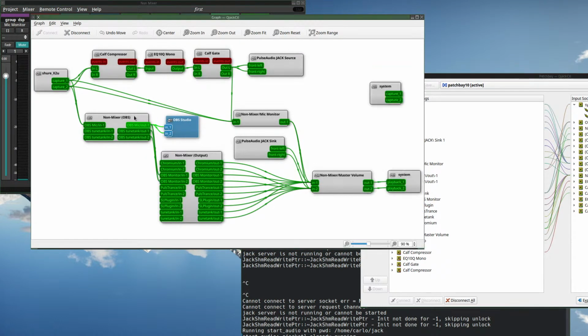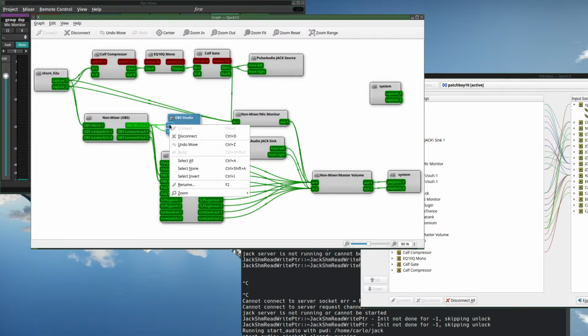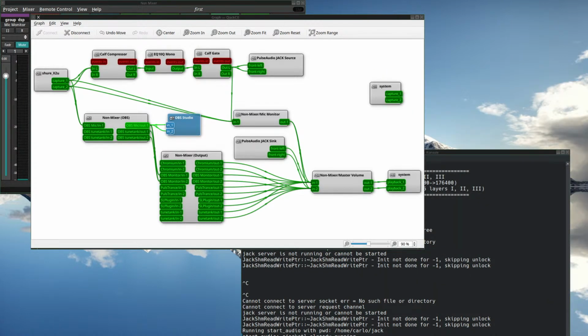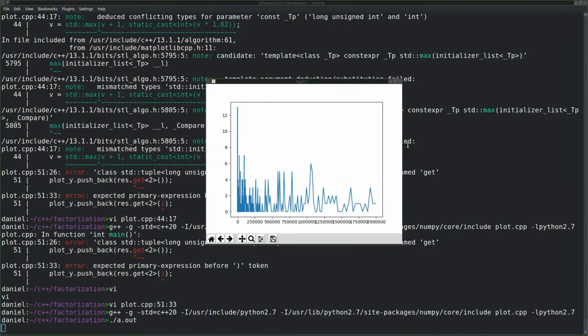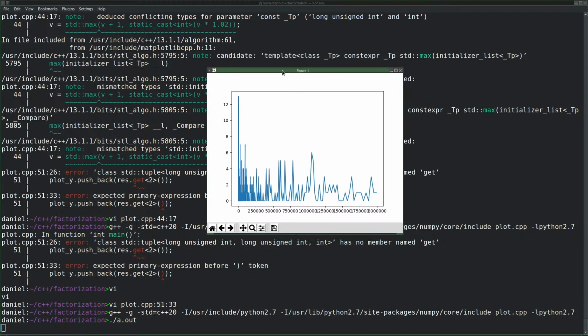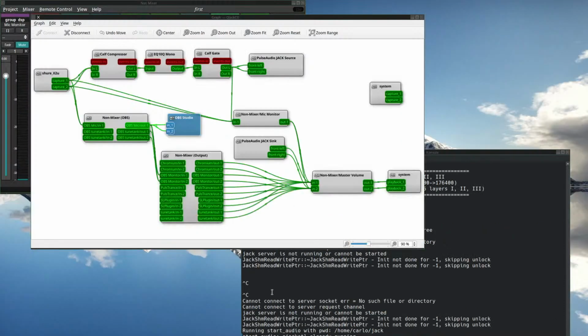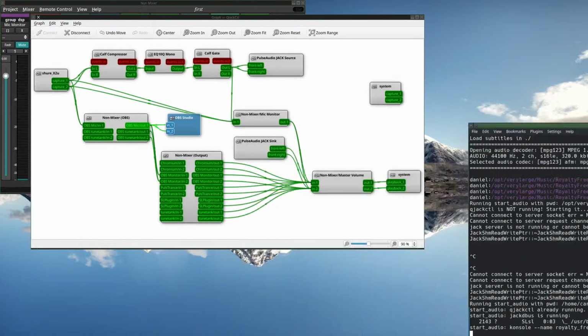And it was not connected to OBS input, or this is just called differently. I think I upgraded OBS. No, it's called differently. Therefore, OBS was not connected. No, I'll have to look at it later. And I don't have music anymore because now this one is doing something else.